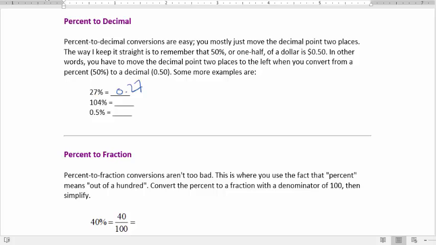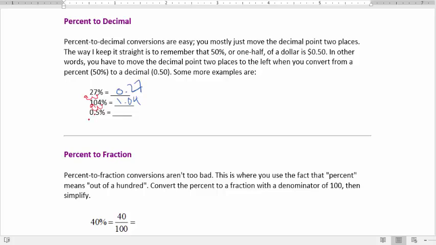But what does that amount to doing? It amounts to taking the decimal point that you can consider being here after the 7 and moving it two spaces to the left. And then the same thing with 104%, right? 104%, here's the decimal point. If I move it two spaces to the left, I arrive at 1.04. And then if I take 0.5%, the rule still applies.